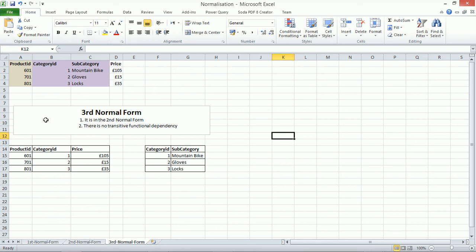Because if you look at this, what you are actually doing here is creating separate tables every time you're conforming to a normal form. And when you're creating separate tables, you're breaking your entities down into separate tables.